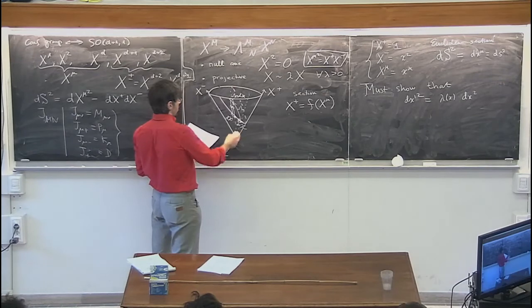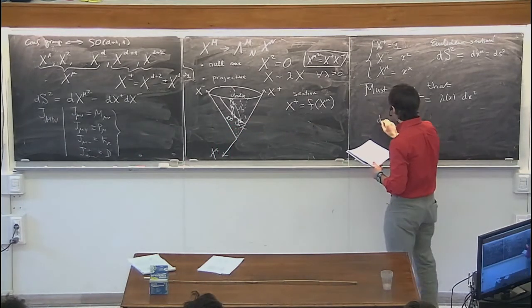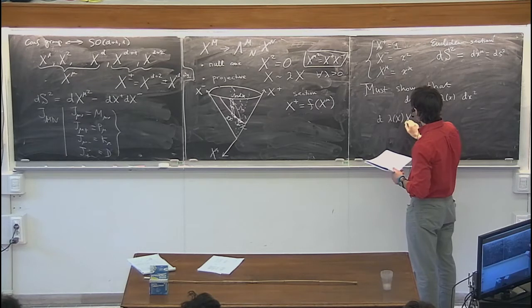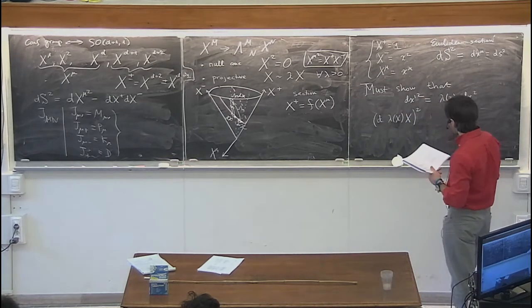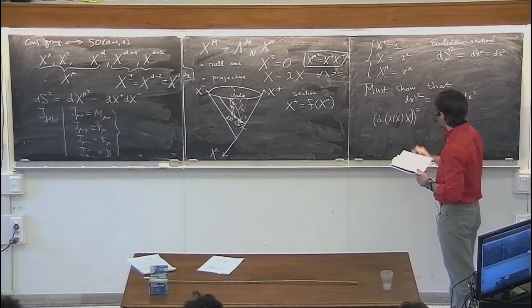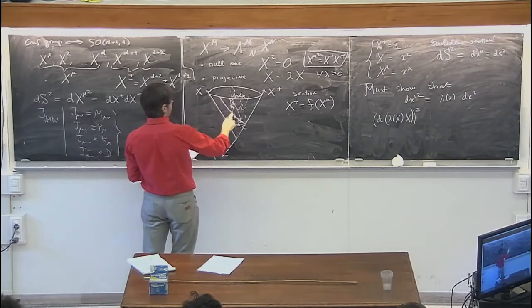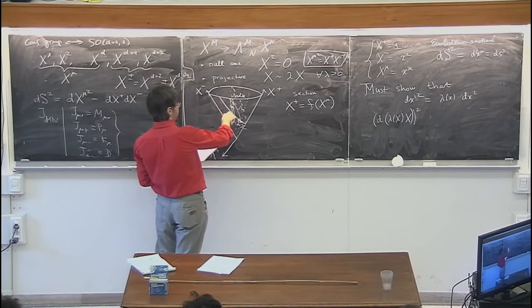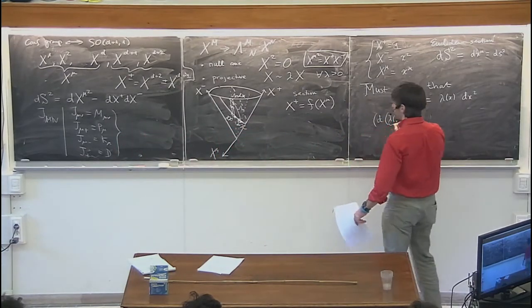So I have the following equation: d lambda of x squared. What I'm considering here is a rescaling. I would like to know how the metric changes when I rescale with some factor lambda of x, which can depend on x.